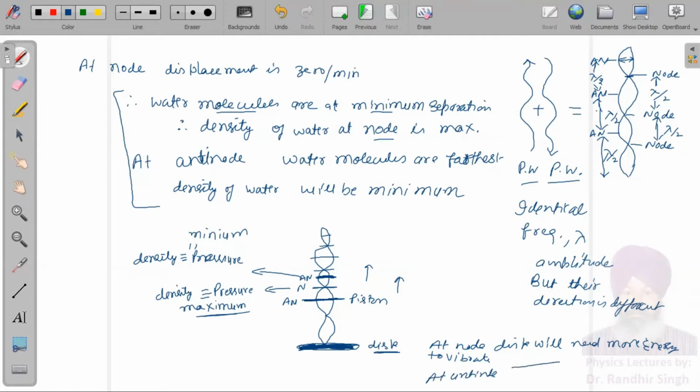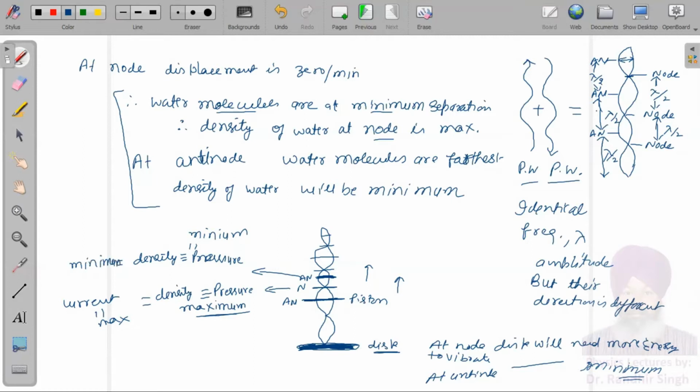The disk needs minimum energy to vibrate. It means the current passing through the circuit at the nodes will be maximum, and the current passing through the antinodes will be minimum.